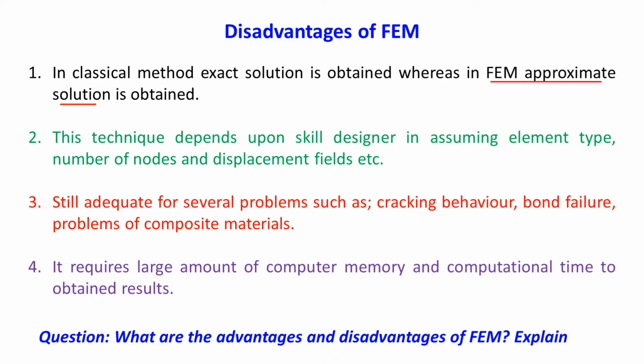The finite element method is still not adequate for problems such as cracking behavior, bond failure, and even problems of composite materials. And the last disadvantage is, since it is a computer oriented method of analysis, it requires a large amount of computer memory and computational time to obtain the results.